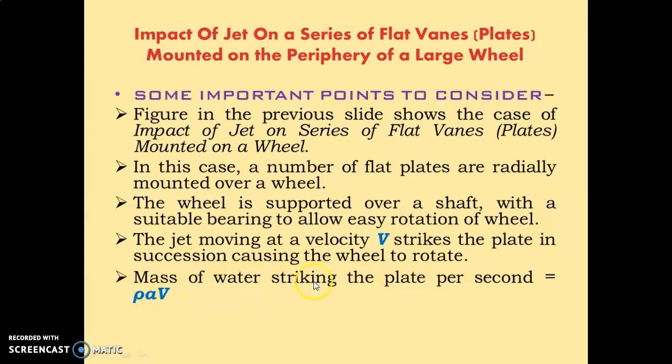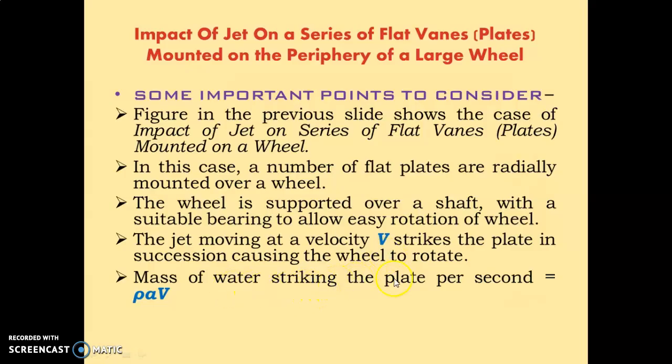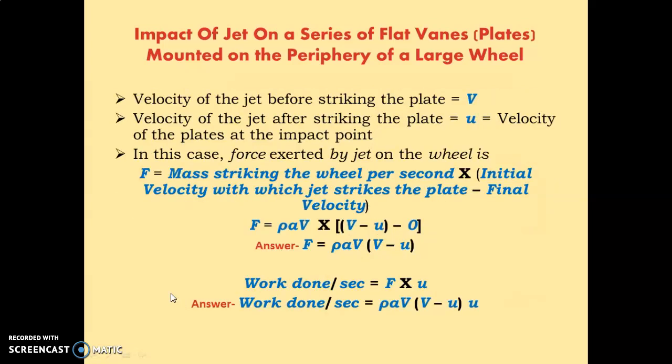What should have happened is it should be rho a into (v minus u), but no, here it is rho a into v. Why? Because the jet continuously keeps striking the successive plates, hence the mass of water striking the plate per second is rho a v.